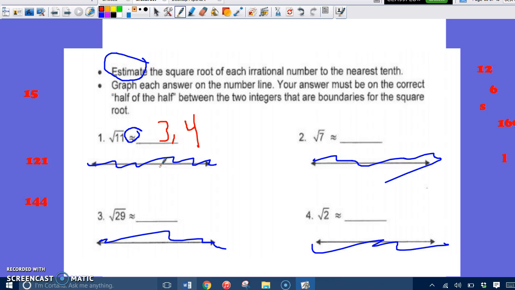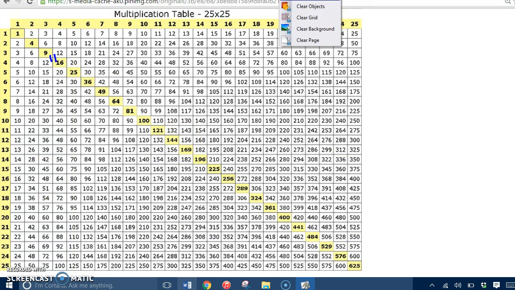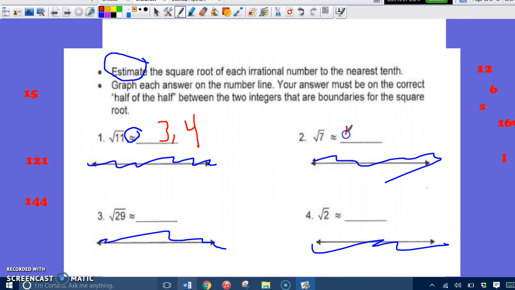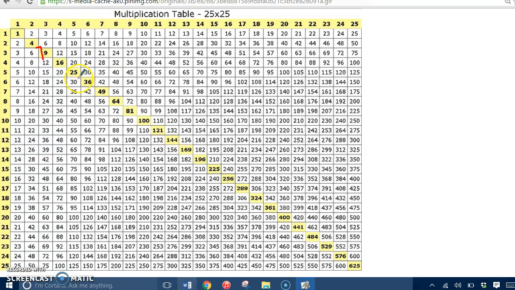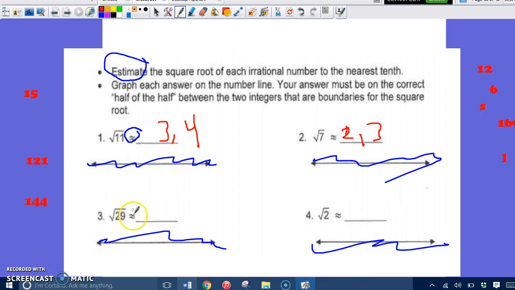Now, let's look at the estimated square root of 7. We go back to your chart, looking for where that 7 would be. 7 would be in between the squares of 2 and 3. 2 and 3. 29 would fall right here, between these two, so in between 5 and 6. 5 and 6.